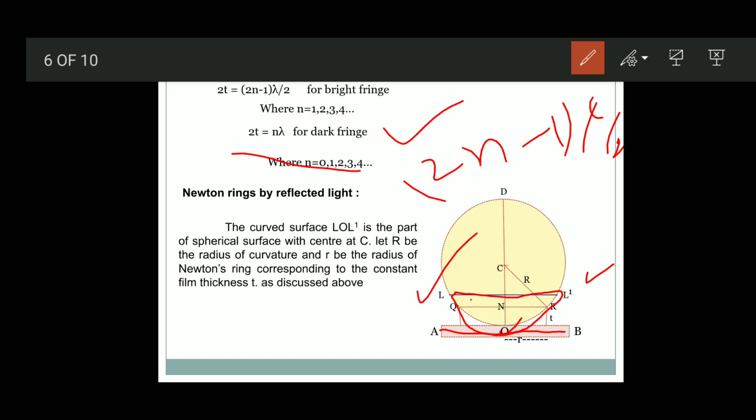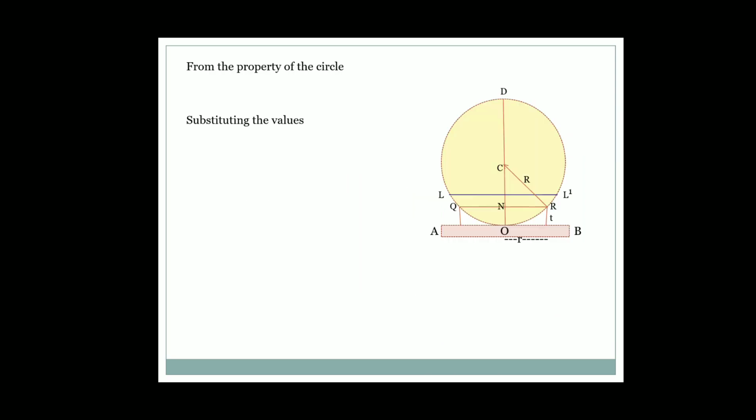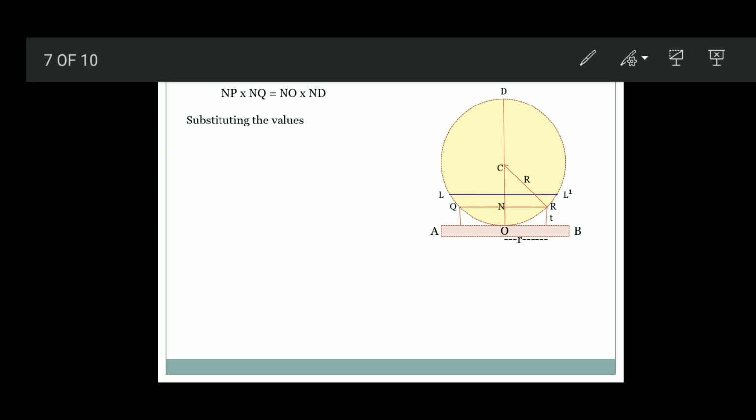This plano-convex lens is extended as a circle, whose radius is called the radius of curvature, that is capital R, where t is the thickness at the nth bright ring, and r is the radius of the nth bright ring. Now from this property of the circle, NP into NQ is equal to NO into ND.